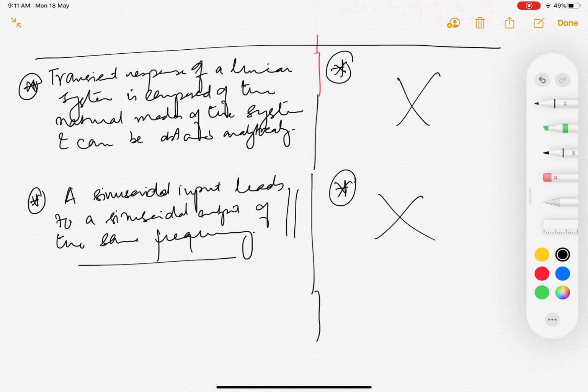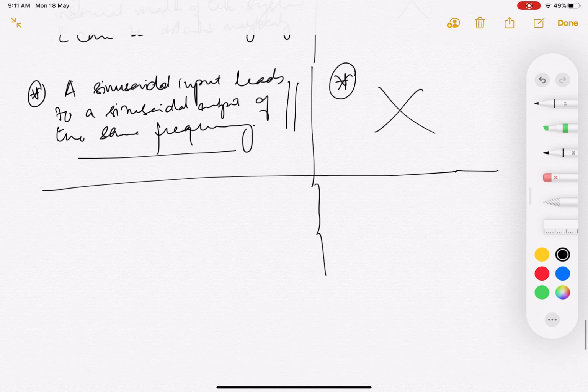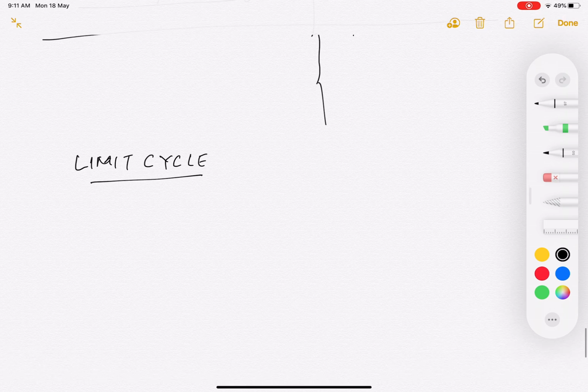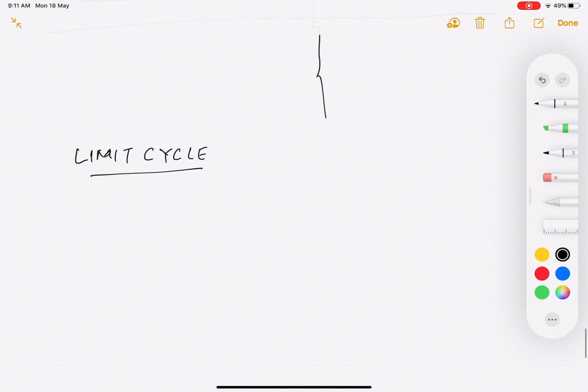Now let us come to some other peculiar behavior of nonlinear systems. A particular characteristic feature of nonlinear systems is called a limit cycle, right? So limit cycle is something that is not present in linear systems. What is this limit cycle?